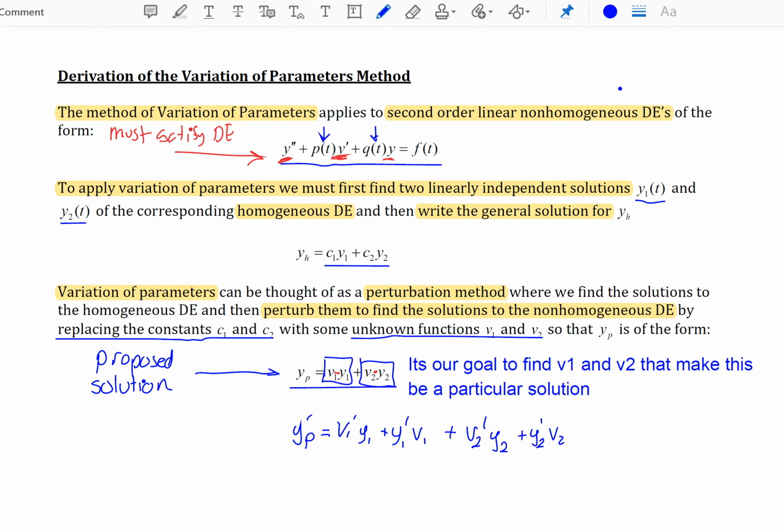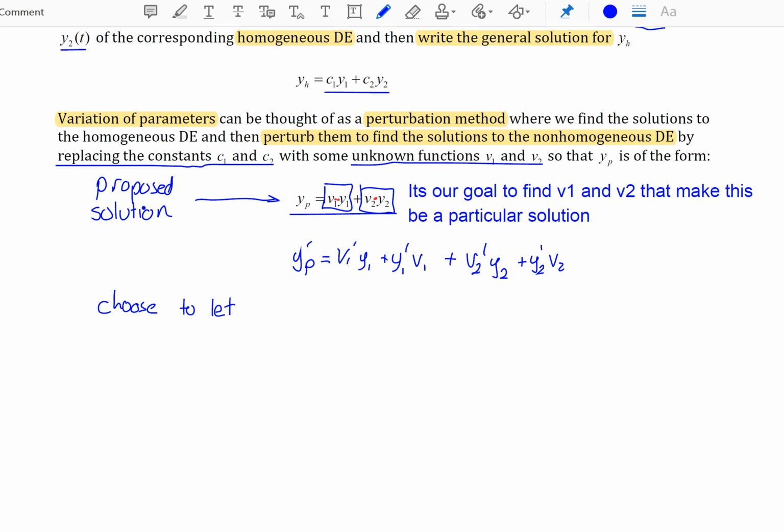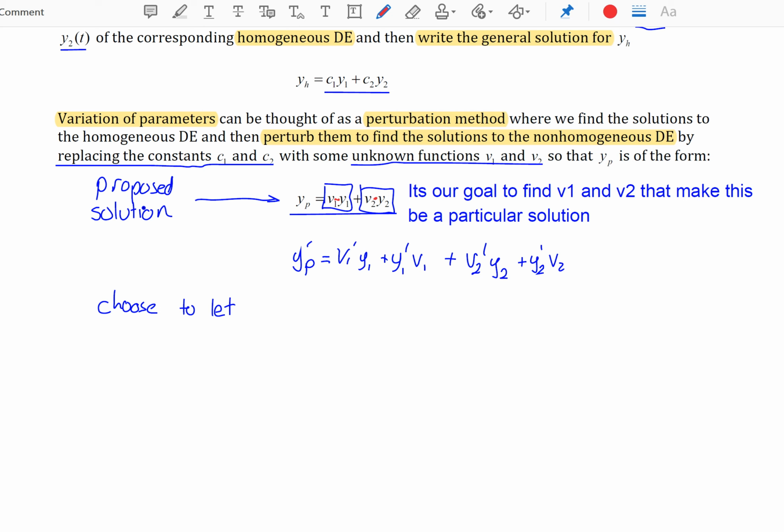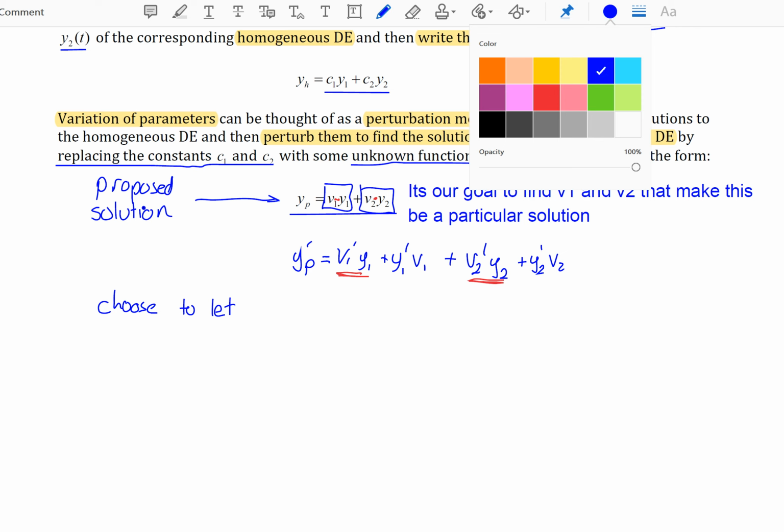Now, in our derivation, we are going to choose to let some of these terms be 0. Here, we're going to choose that v1 prime y1 and v2 prime y2 are equal to 0 when you add them together.